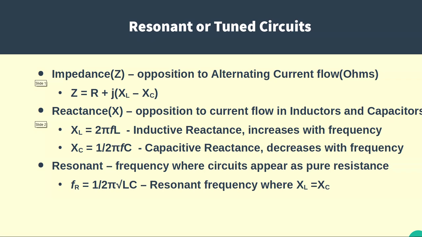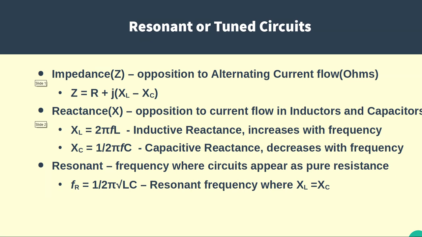In fact, that's what resonance is. When the inductive reactance and the capacitive reactance are equal, then all you have left is the pure resistance. If they're at a frequency where they're not equal, then you're going to have some vector value of R plus jX, some value in ohms. And we'll not talk about vectors yet.